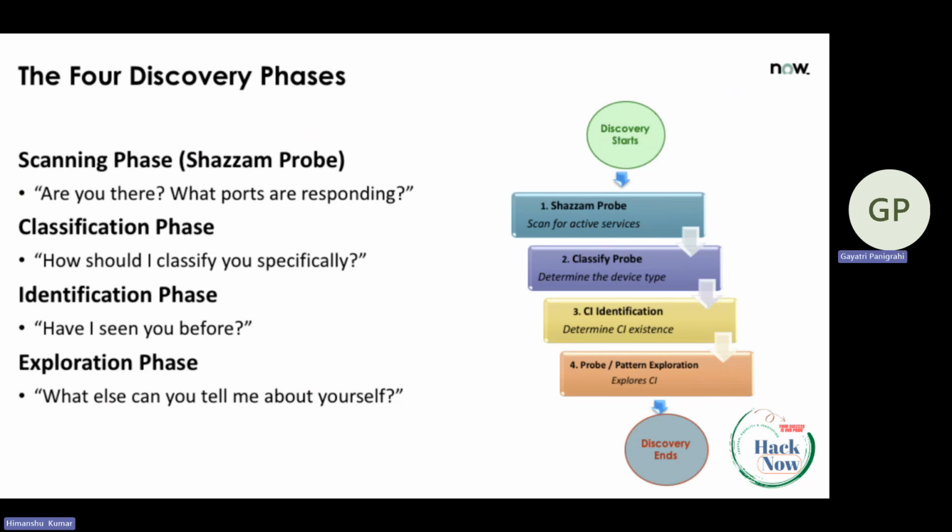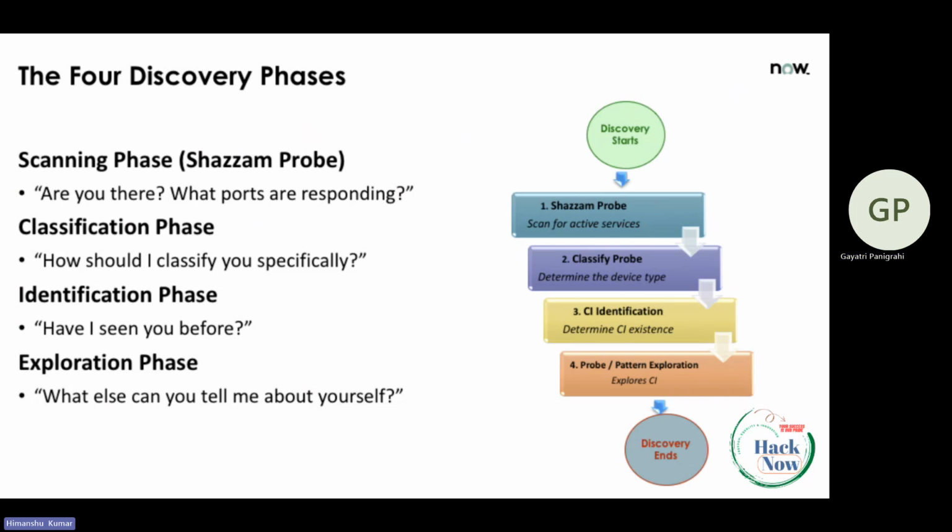Whenever the status is updated, it means the record is already available, that CI is already available in the CMDB. When I run that discovery, it updates some fields on that record, right? So when the three steps are completed, after that the exploration phase starts.